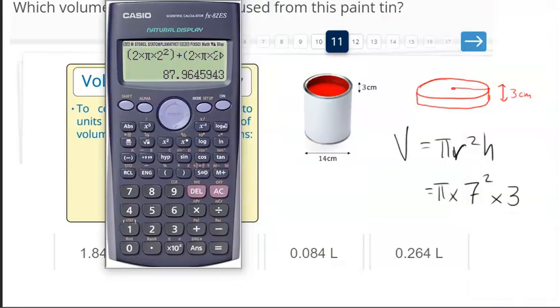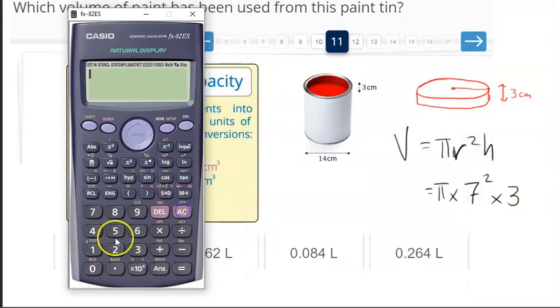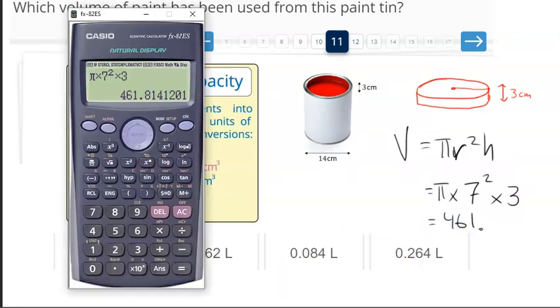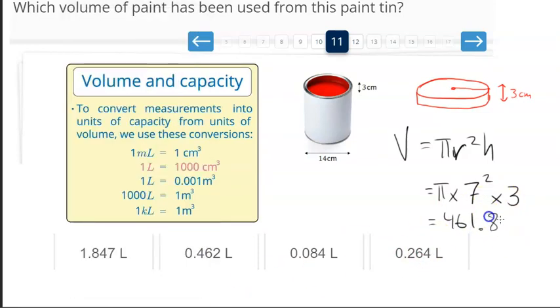And here, let's put this in as pi times 7 squared times 3. And we'll press SD to convert that. This is 461.81. And this is in cubic centimeters.